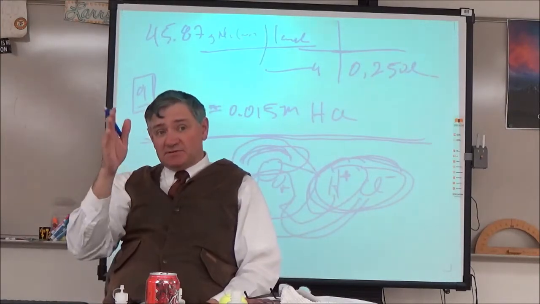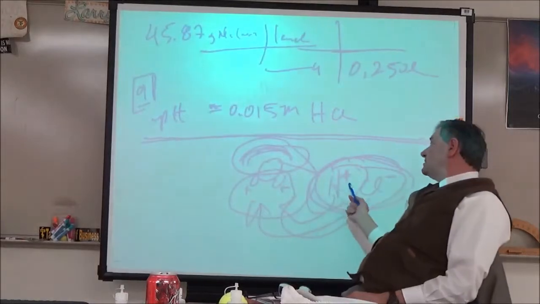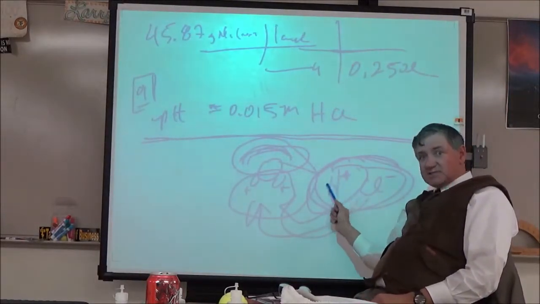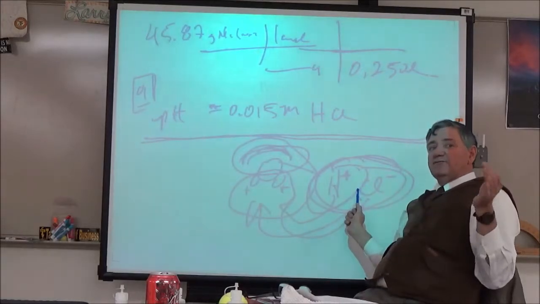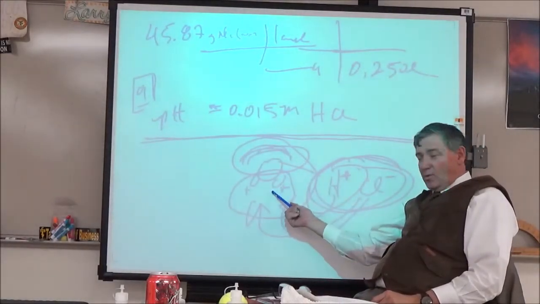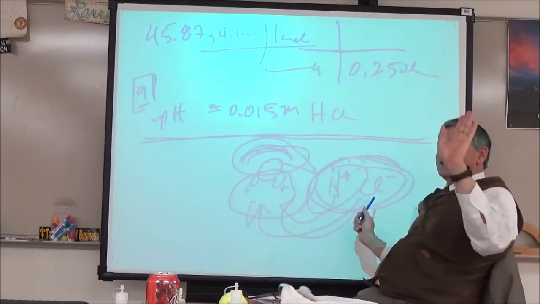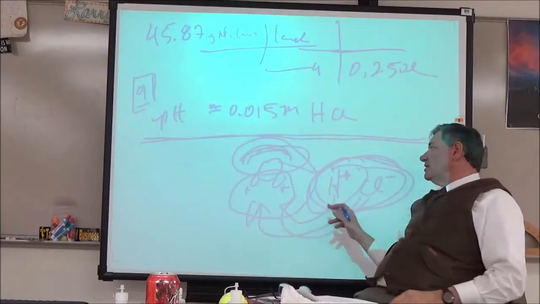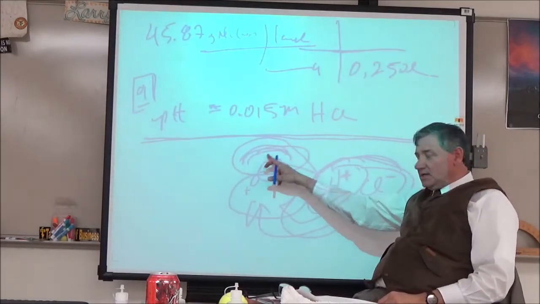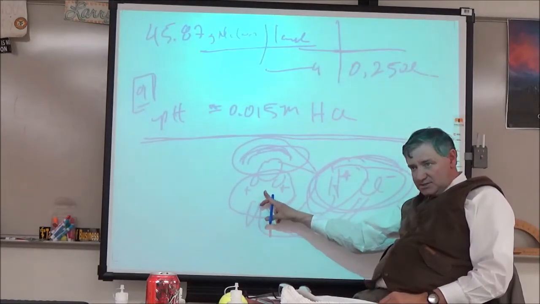Anytime there's a strong acid, this bond is very, very weak. So as soon as you put it in the presence of water, it's like, we're out of here, see ya, got to go hang out with the water molecules. The hydrogen is going to be attracted to the oxygen, and the chlorine is going to be attracted to the water as well.